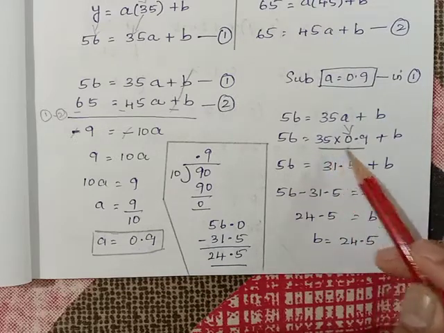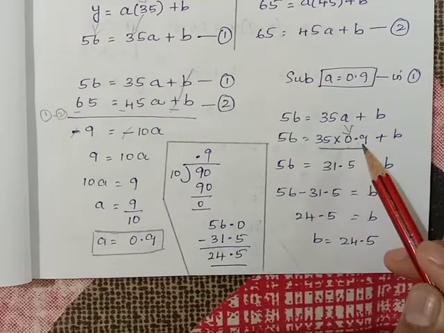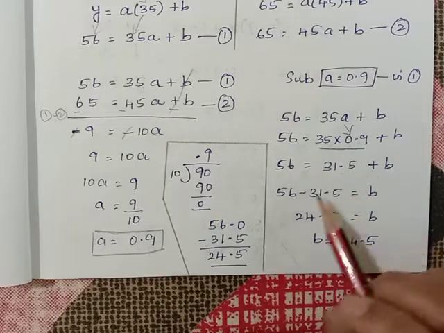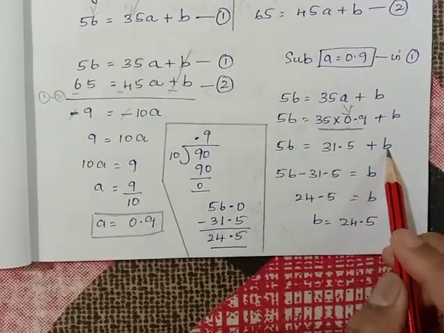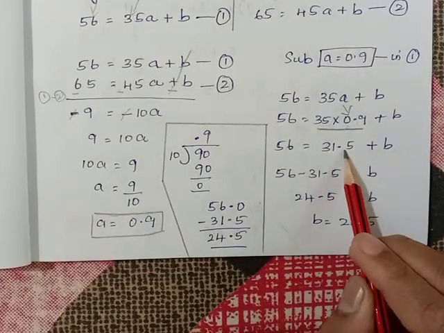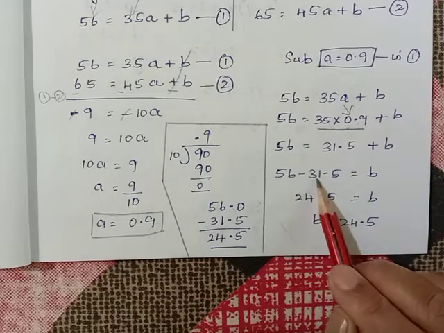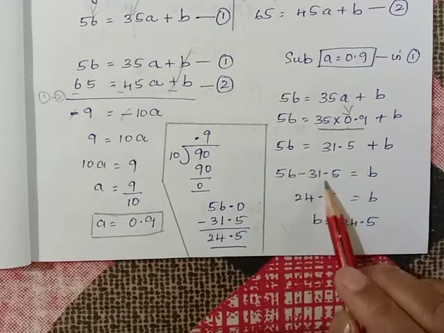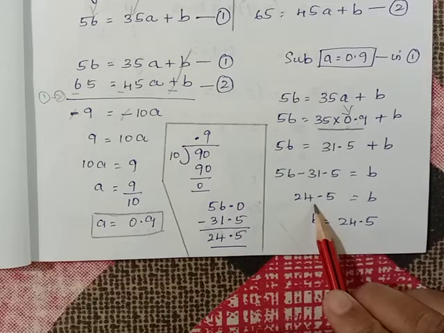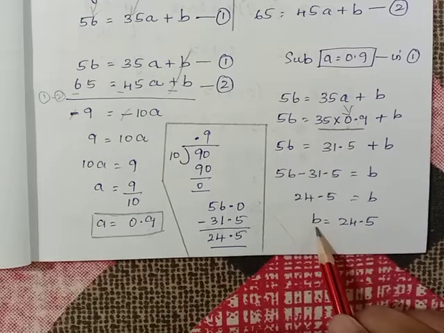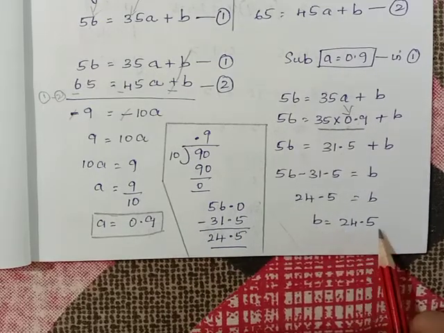Here don't bother about the multiplication; first multiply, later decide the decimal point. To find the value of b, 31.5 in addition goes to the other side and becomes subtraction. So 56 minus 31.5 is 24.5. Therefore the value of b is 24.5.